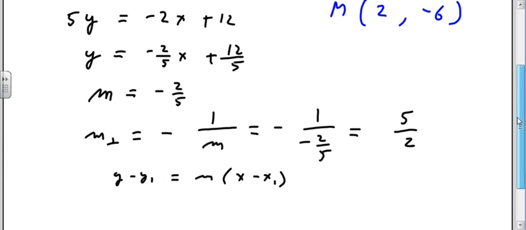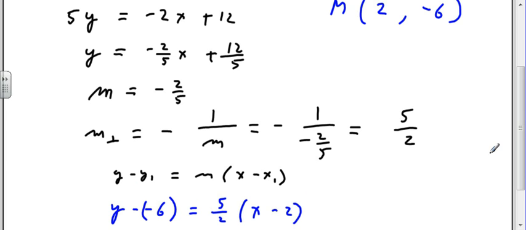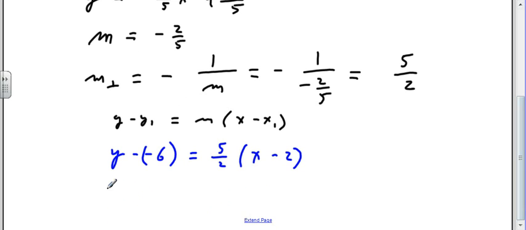Y minus negative 6 is equal to the slope 5 over 2 times x minus 2. Y plus 6 is equal to 5 over 2x minus 5.